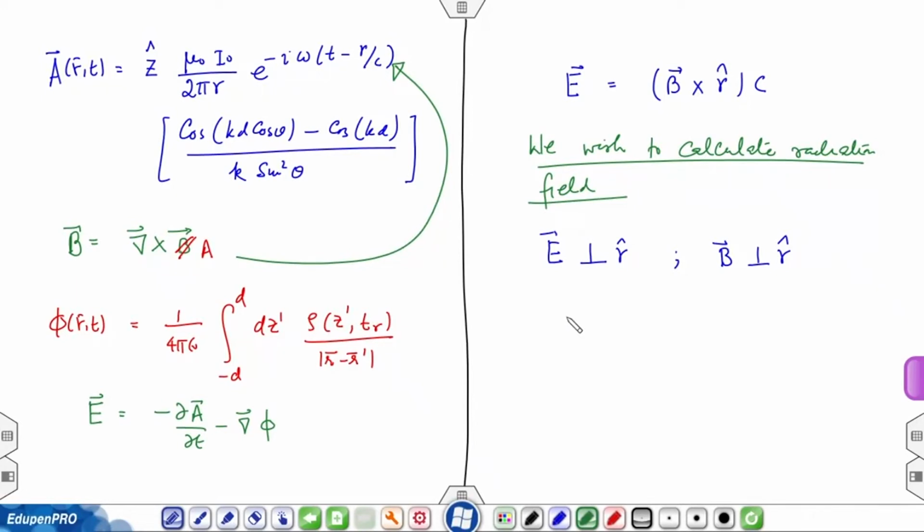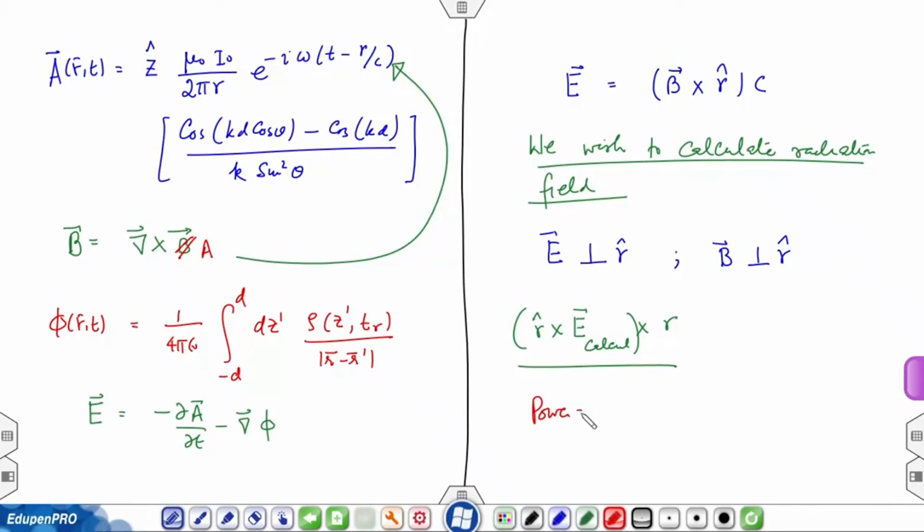For that, somewhere along the line, you will have to take E calculated cross with r cross, and similarly for B. All those calculations I will leave for you, and once you do this, you get your power also.